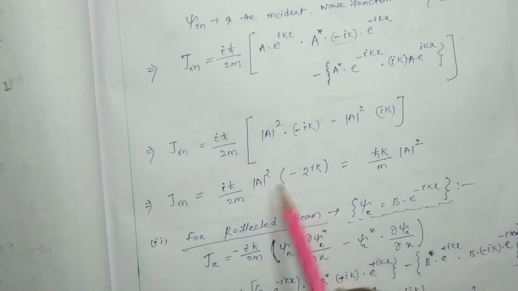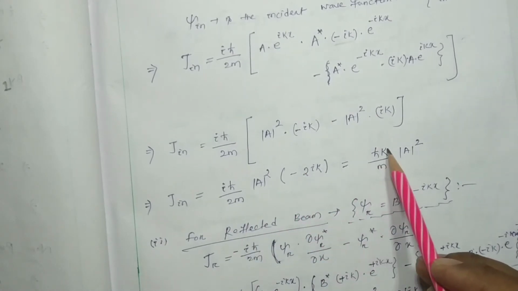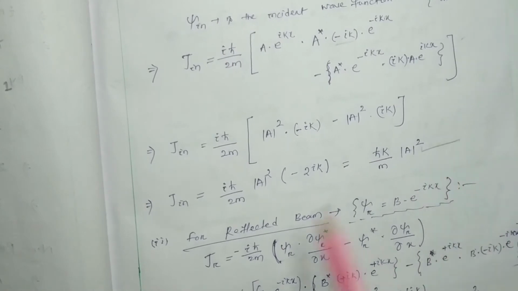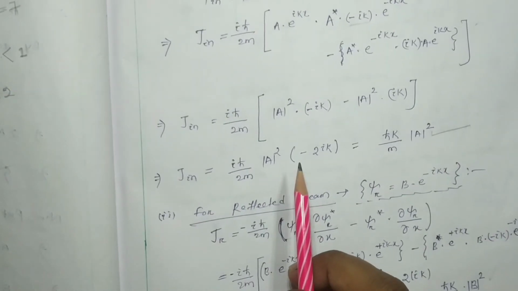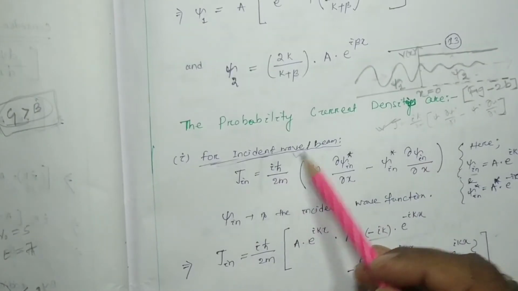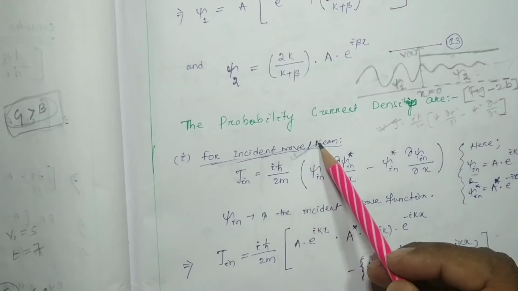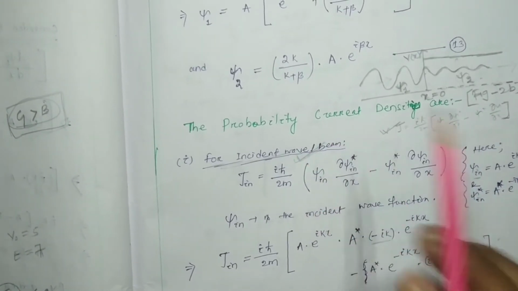So it becomes plus, the 2 gets cancelled, and it will be ħk/m |A|². This is the probability density for the incident wave, or incident beam, or incident flux.